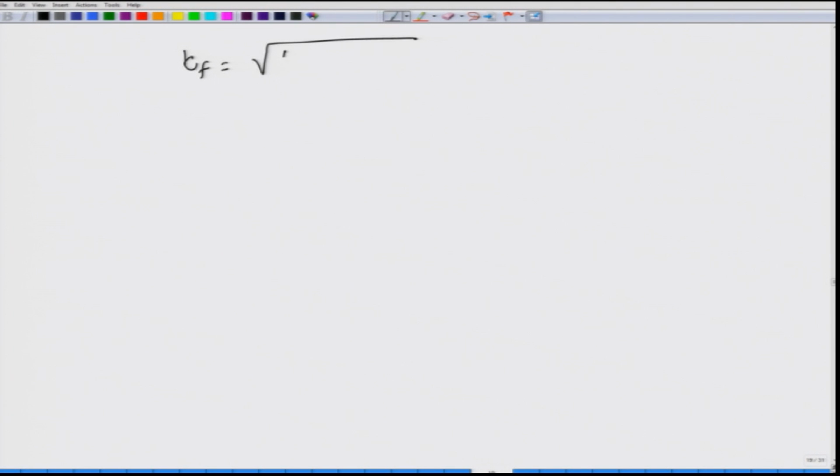This is given by the square root of k0 square n1 square minus beta square, beta at cutoff will be k0 square n2 square, right, and kappa f will therefore be given by k0 times the square root of n1 square minus n2 square. This n1 square minus n2 square under root is sometimes denoted by delta n, which indicates the refractive index difference between film and outside of the film.